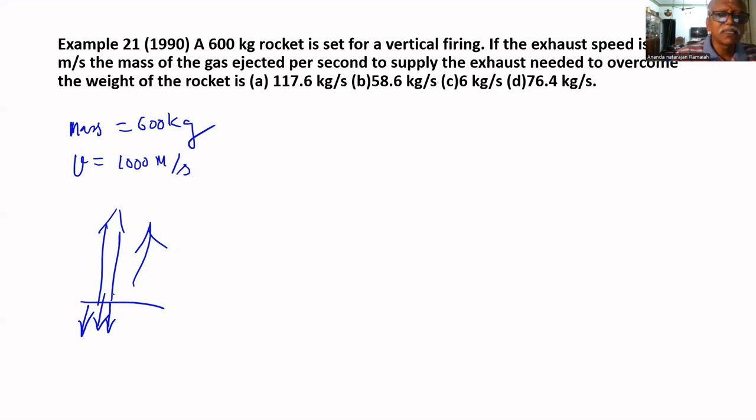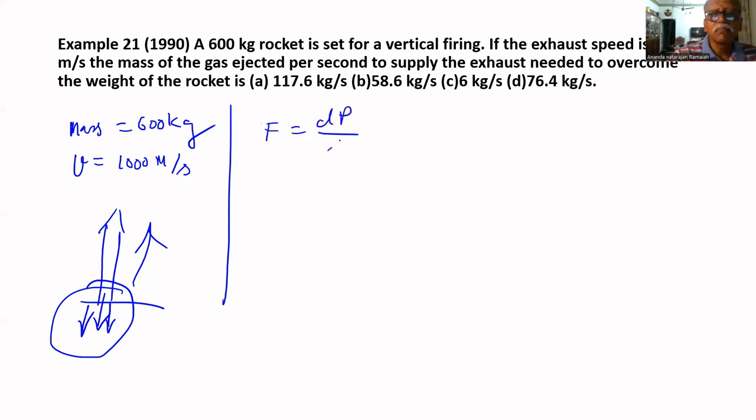What is the mass of the gas ejected per second? dm by dt is asked. It is identically equal to the previous sum. In the previous sum, what we have seen, F equal to dp by dt, that is, p equal to mv.